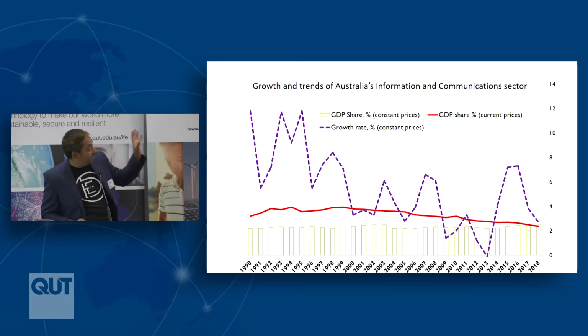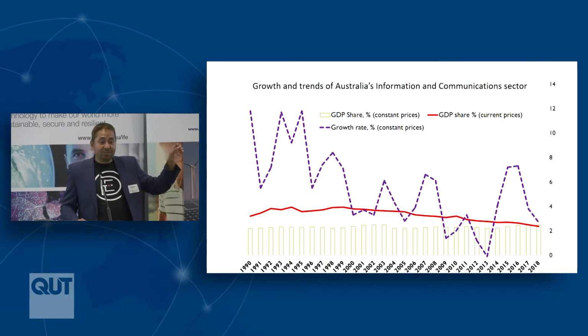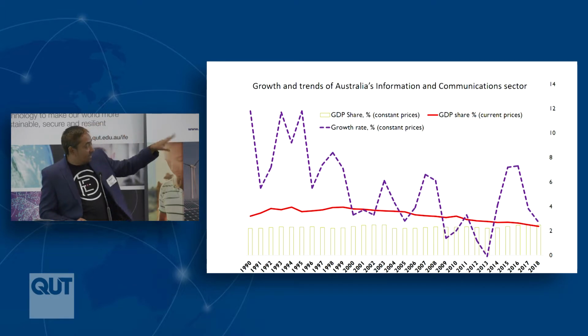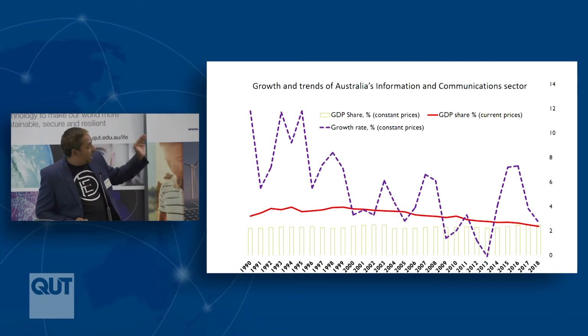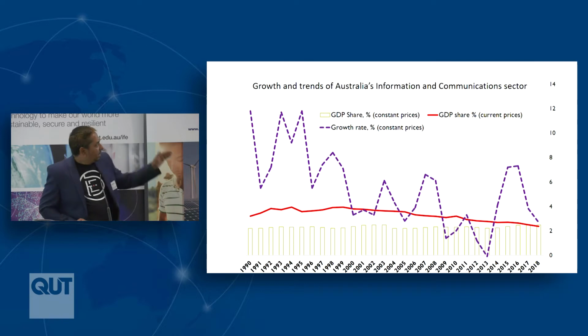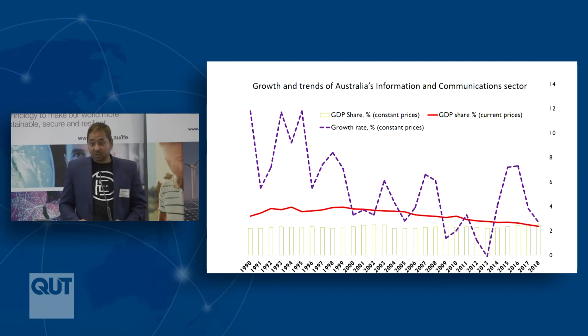We have data for both constant prices and current prices, which shows the price adjustment in the economy. We had about a 4% share of GDP in the early 2000s, but now it has declined to less than 3%. So this is the puzzle.